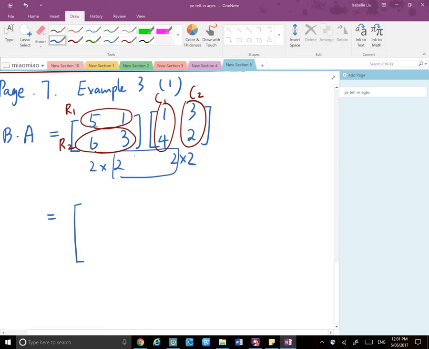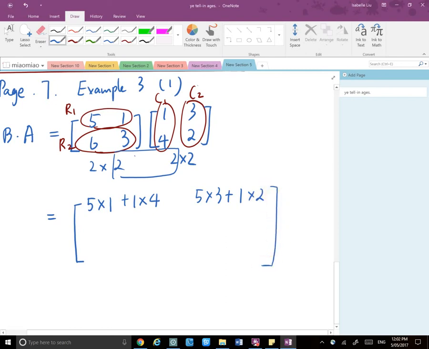That will equal, row 1 times column 1, put in the place of row 1, column 1: 5 times 1 plus 1 times 4. And row 1 times column 2: 5 times 3 plus 1 times 2.